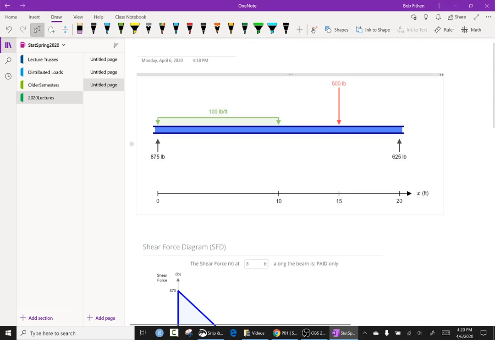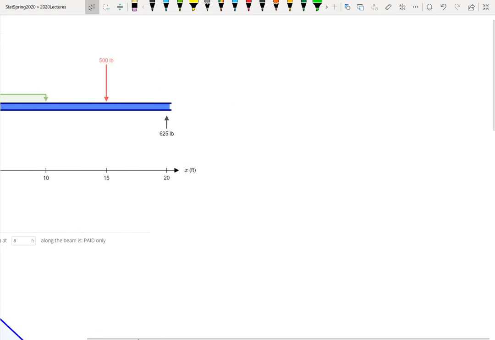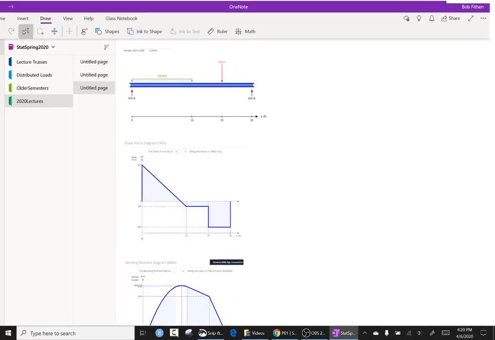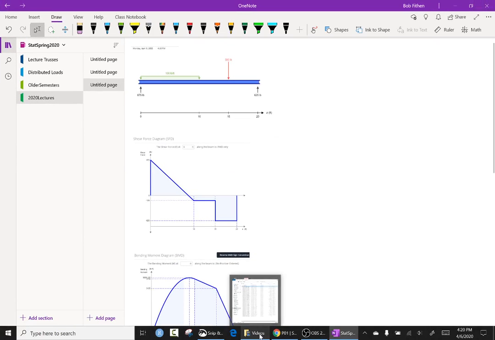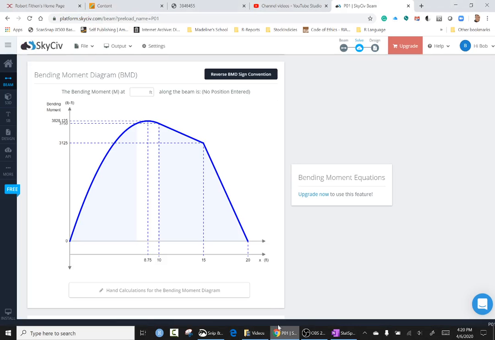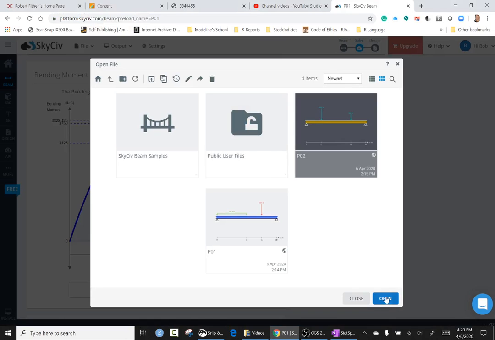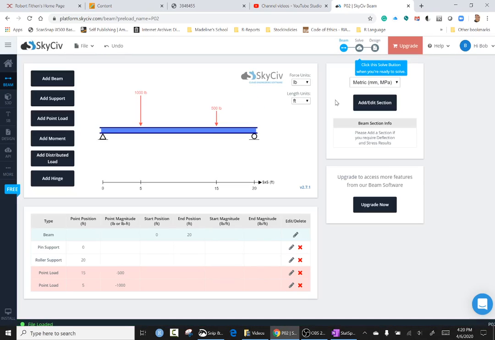If it will allow me, I will slide to the right and drop the others there. Here's what I mean. We go back to File, PO2, open it, solve it.